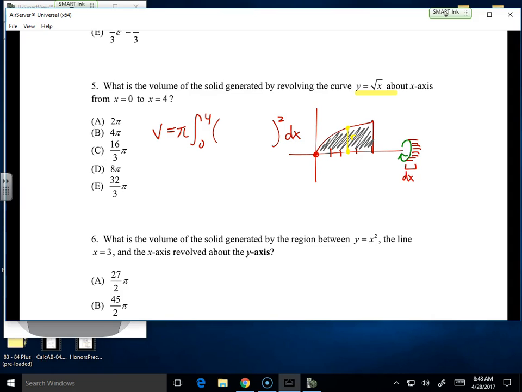Who is R? Top minus bottom. Who's on top, and who's on bottom? Minus 0 just means he's gone, and the square root of x squared is just x.